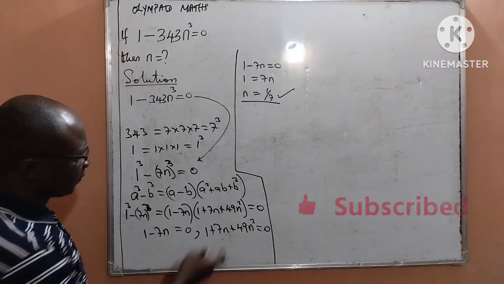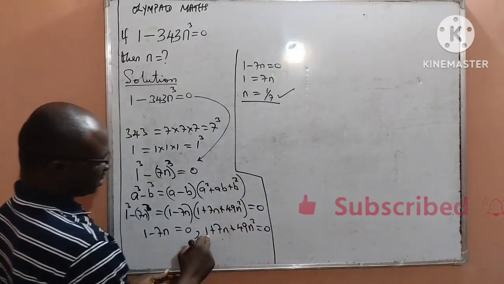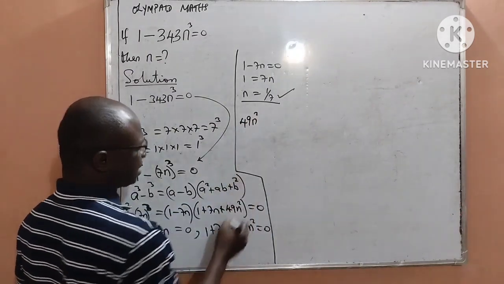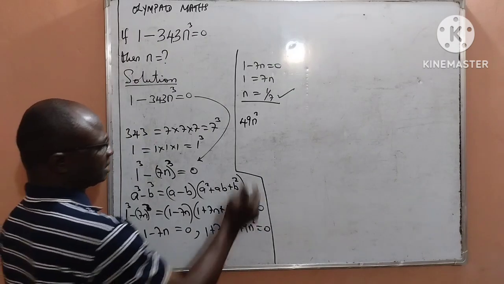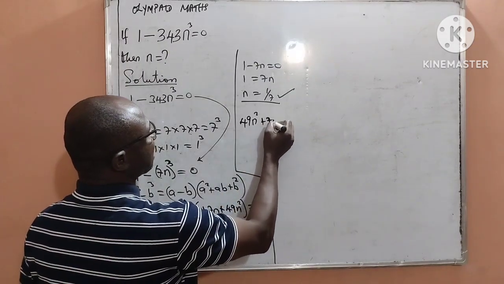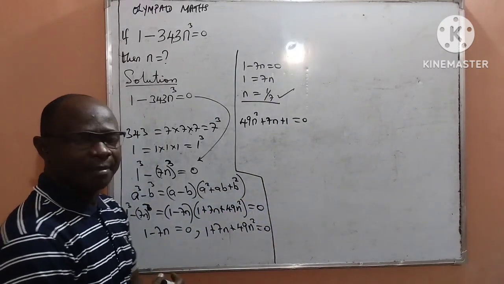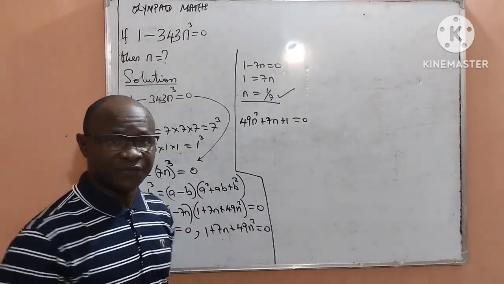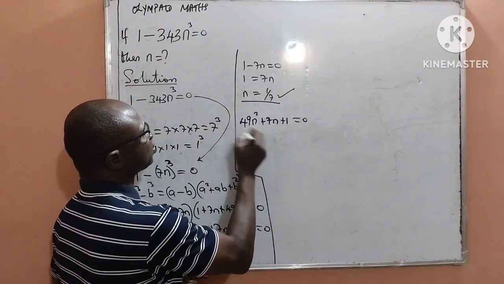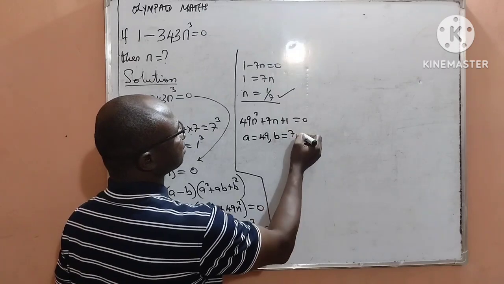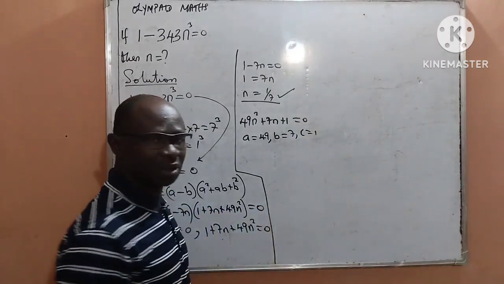Now from the second bracket, I will have it written as 49n squared plus 7n plus 1 is equal to 0. By quadratic formula, a here is equal to 49, b is equal to 7, and c is equal to 1.